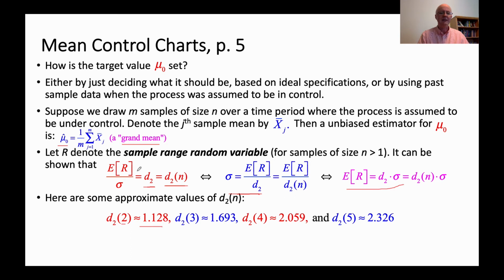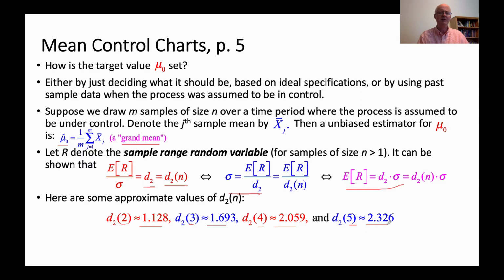That would tell you the expected value of the range is about 1.128 times bigger than sigma. When the sample size gets bigger, the value of d2 continues to get bigger. d2 of 3 is about 1.693, d2 of 4 is about 2.059, and d2 of 5 is about 2.326.